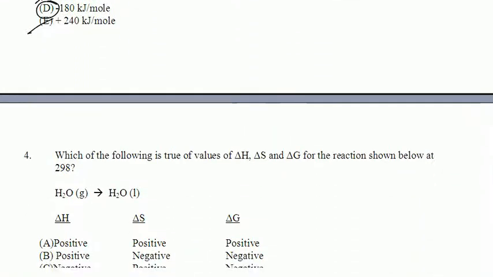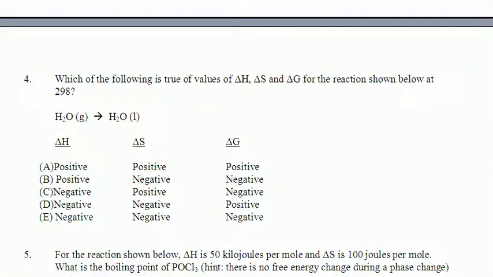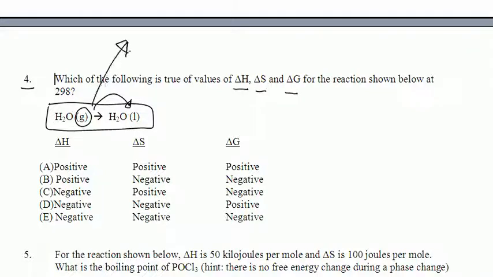Moving on to problem 4. Problem 4 asks us to talk about the enthalpy, the entropy and the free energy associated with the condensation of water. I know that because it's going from a gas to a liquid. Very simple question. If you think about it, in order for H2O to go to the liquid phase from the gas, it actually has to release heat.